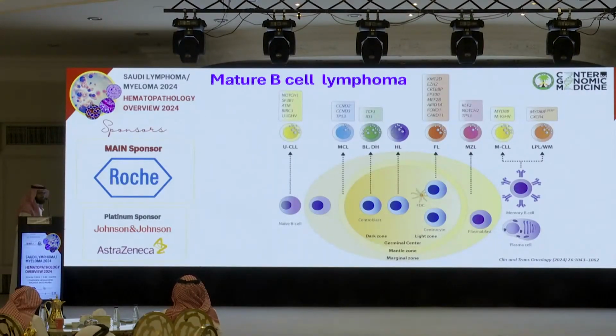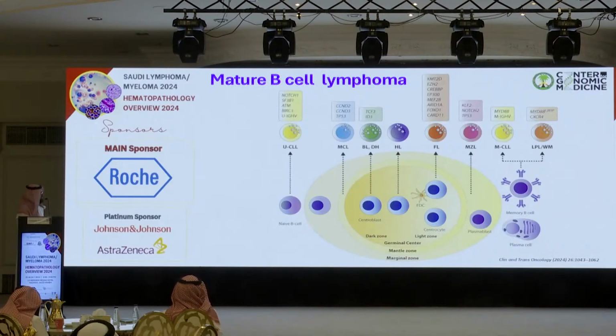Hodgkin is difficult because in Hodgkin lymphoma, by definition, you have few cells among many reactive small cells. So if you do NGS, it's difficult to detect mutations. There are abnormalities in Hodgkin lymphoma, but it's still in research, mainly single cell sequencing, rather than a real practical approach.